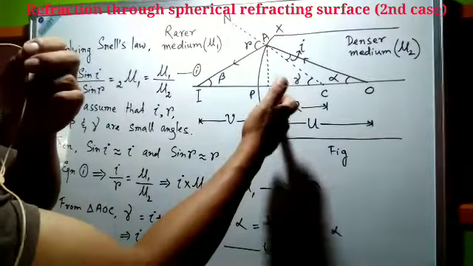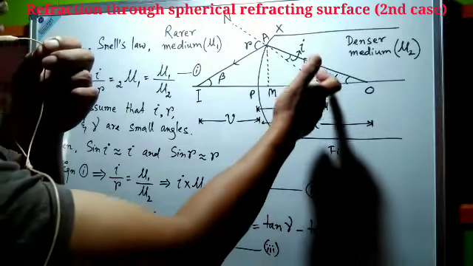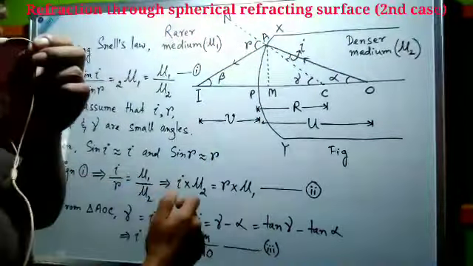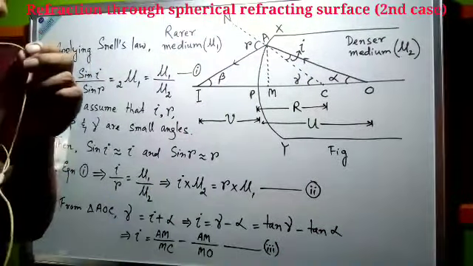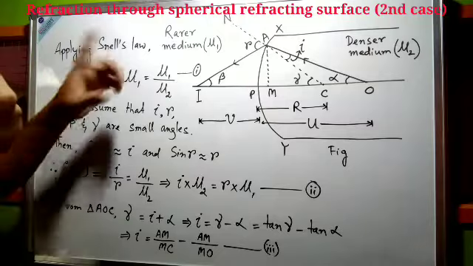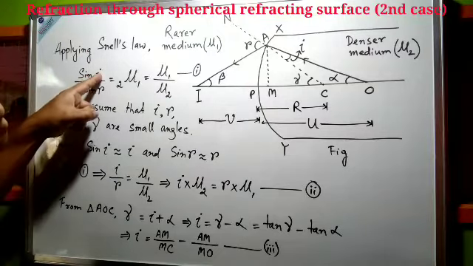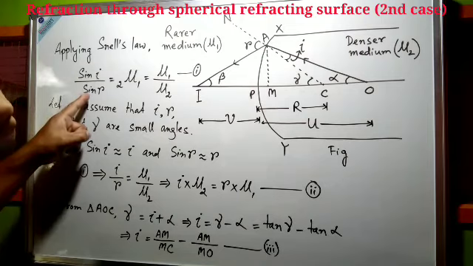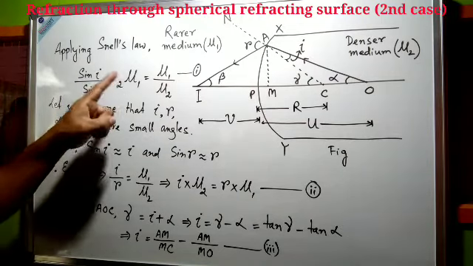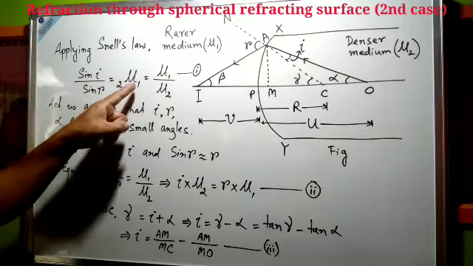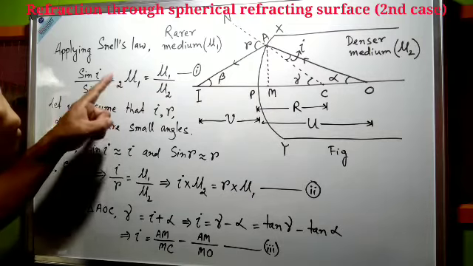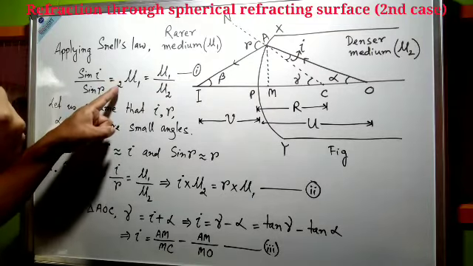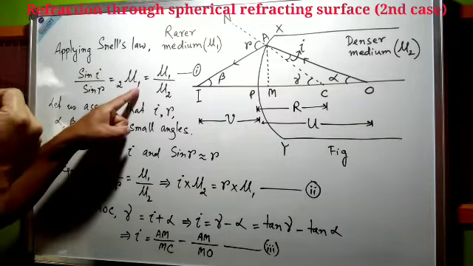So here, in this figure, light is traveling from denser medium to rarer medium, making an angle of incidence I and angle of refraction R. So, applying Snell's law, we may write like this: sine of angle of incidence, sine I divided by sine of angle of refraction, that is sine R, is equal to relative refractive index of rarer medium 1 with respect to denser medium 2, because light is traveling from denser medium to rarer medium 1.